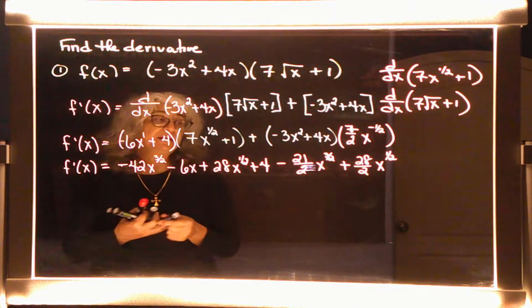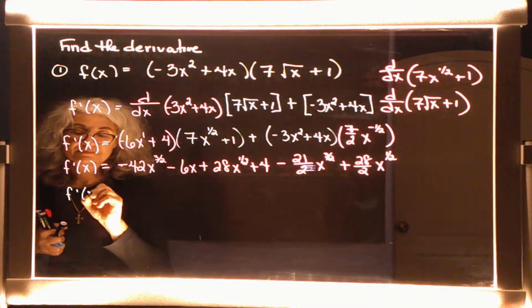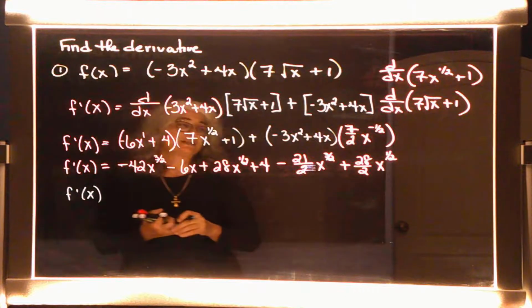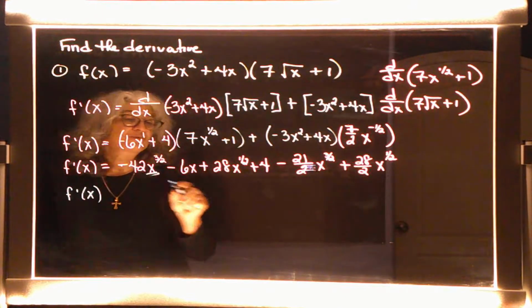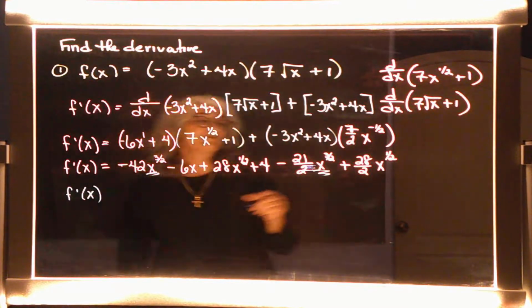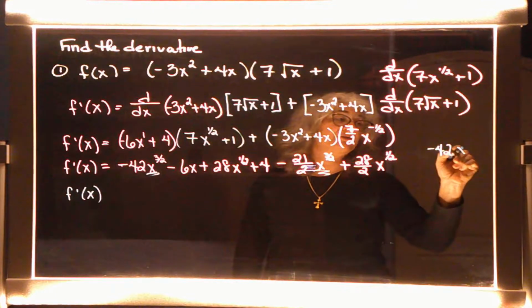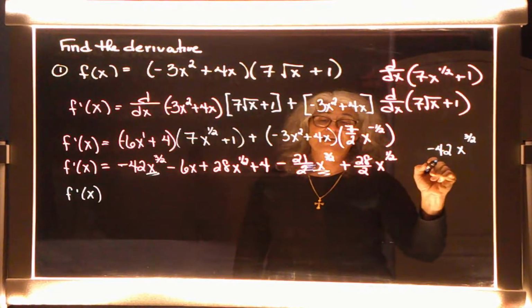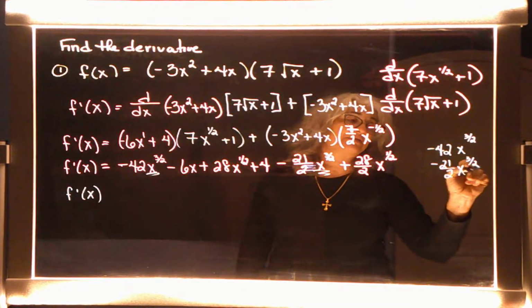And now I get to combine like terms. All right, so let's find out some like terms here. I got these x to the 3/2 powers, don't I? Okay, so I've got a negative 42 x to the 3/2, and I have minus 21 over 2 x to the 3/2.